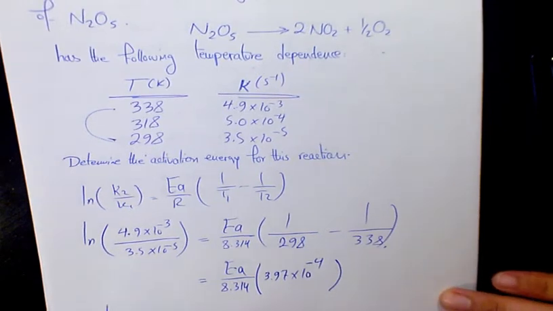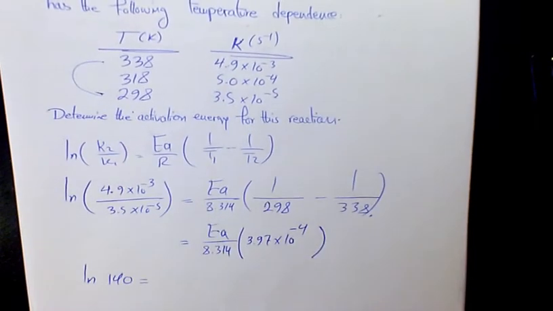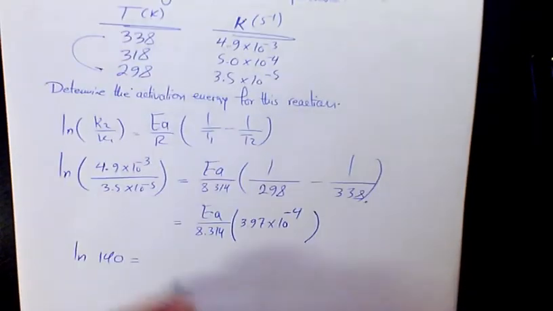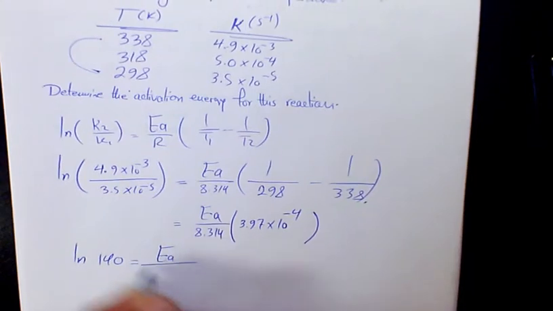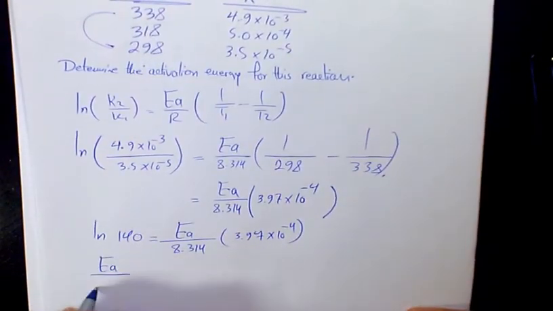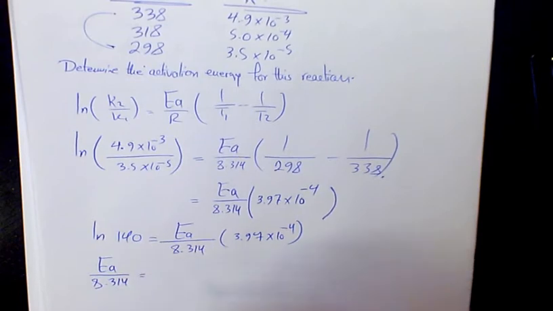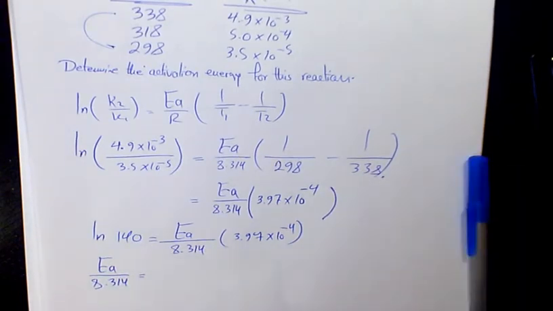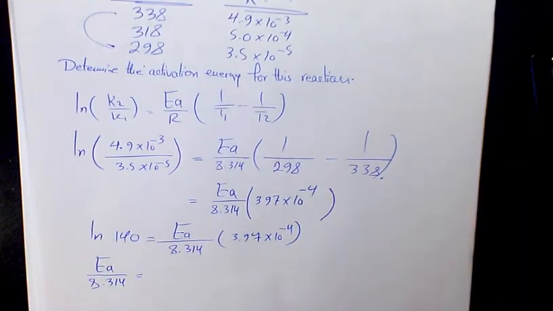That's going to be ln 140. So EA over 8.314 equals ln 140 divided by 3.97 times 10 to the power of negative 4.